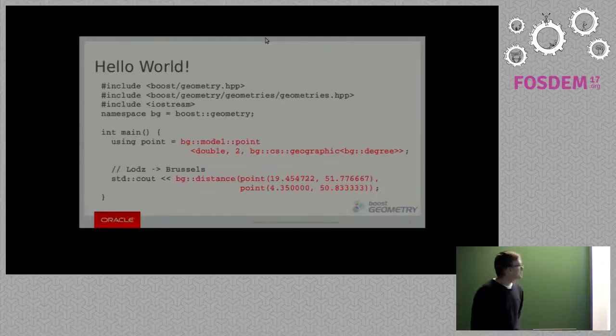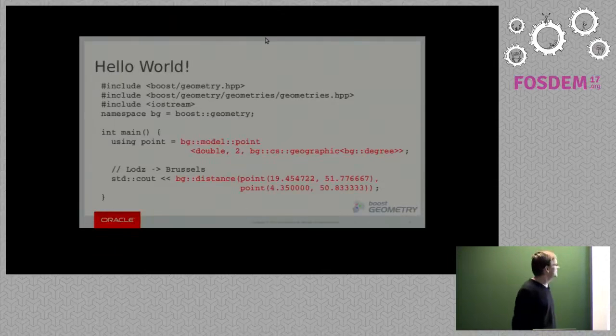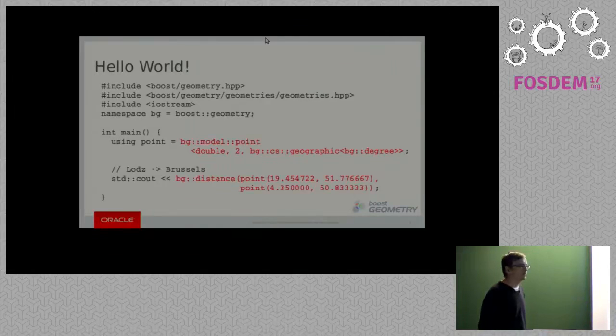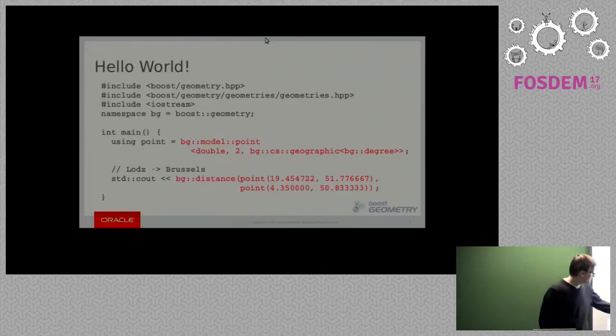Here's the simple Hello World example. Since it's Hello World and not Hello Plane, I will need geographical points. Here you can see that we need some includes. Then point type is defined. I'm using the point template defined in Boost Geometry here, and then I'm calling the distance function, passing 2 points.